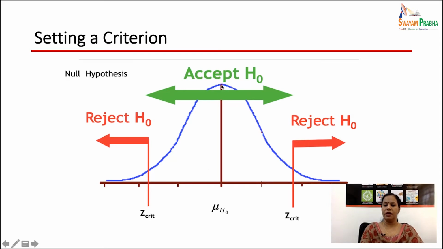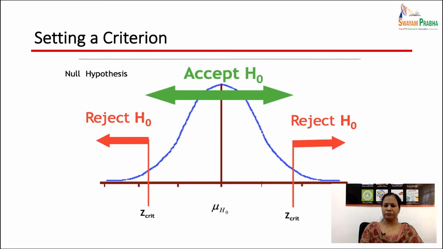This is the population mean, and the sample means deviate from the mean like this. At 1 standard deviation around 68% of the sample means lie, and at 2 standard deviations, or 1.96, around 95% of the values lie.